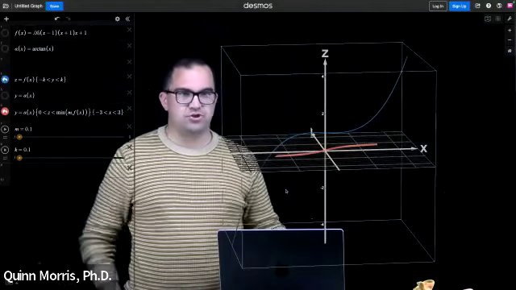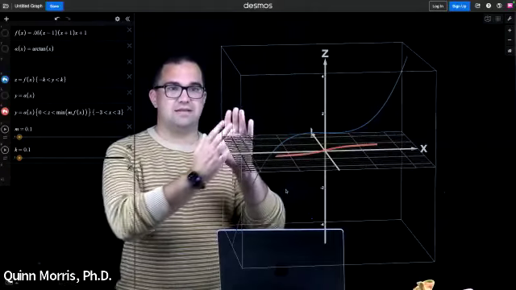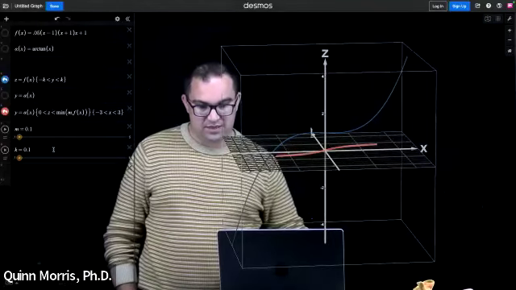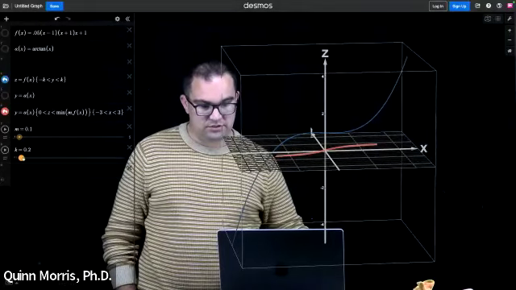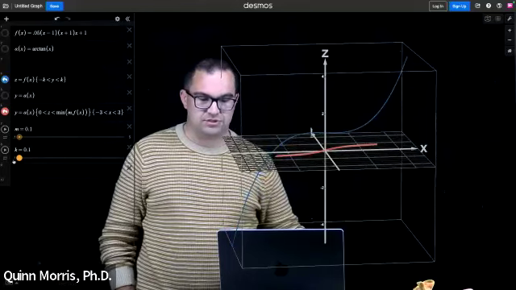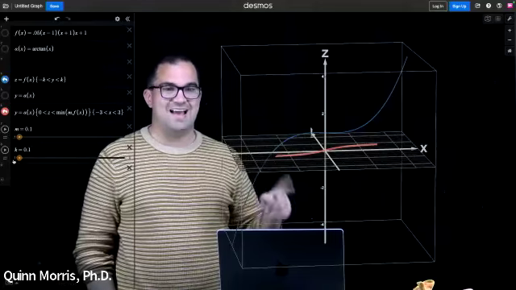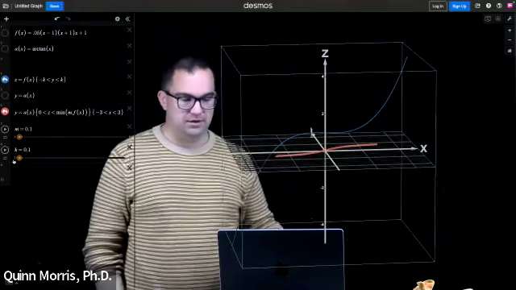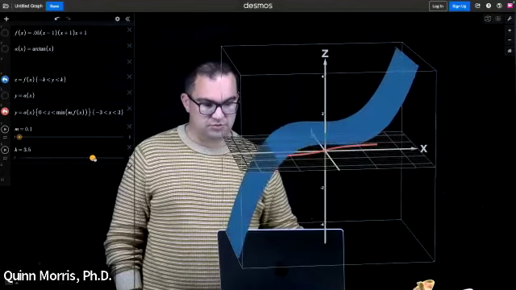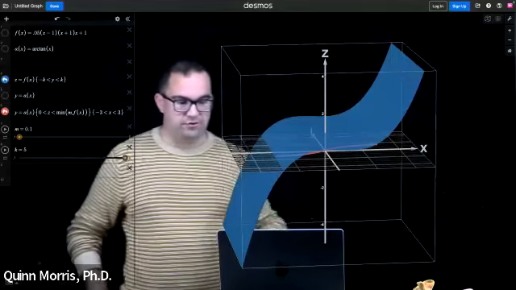What I want you to imagine is you take both of these functions. I'm going to take my function f of x and expand it. Let me back up. The function f is plotted in the xz plane, not the yz plane. So I'm going to stretch this in the y direction. I'm just going to pull that function out in the y direction.